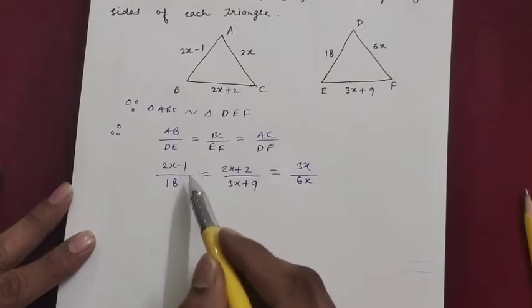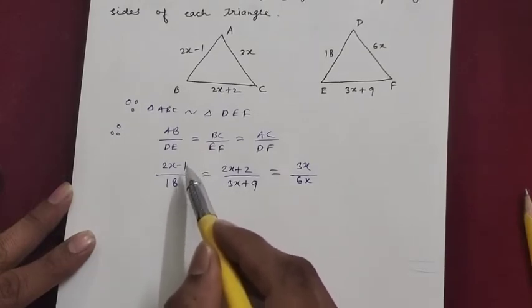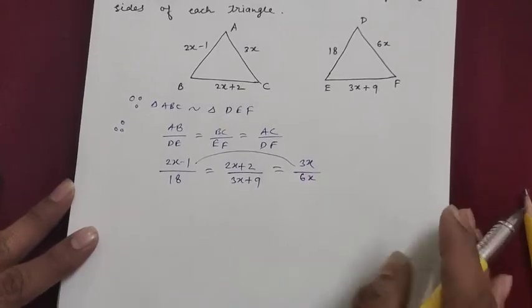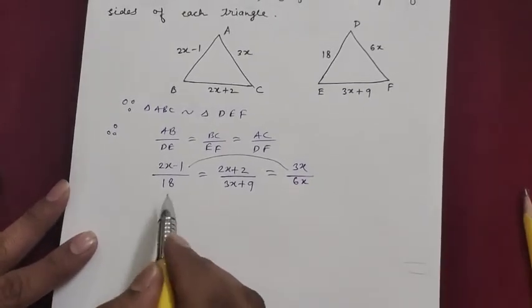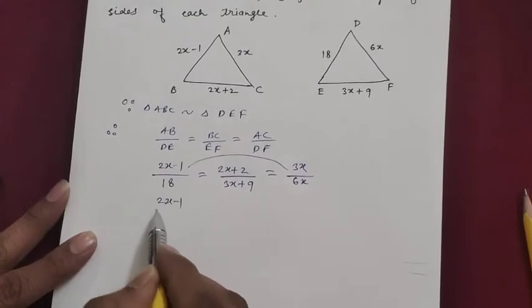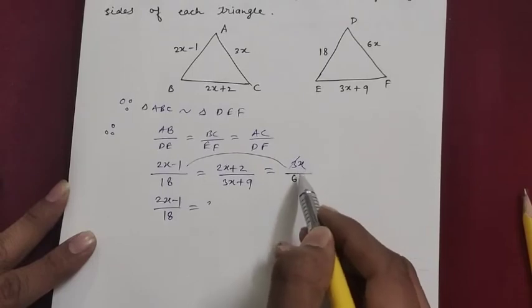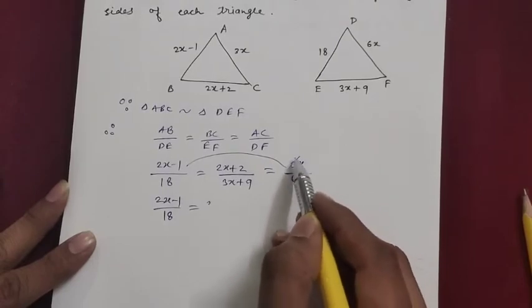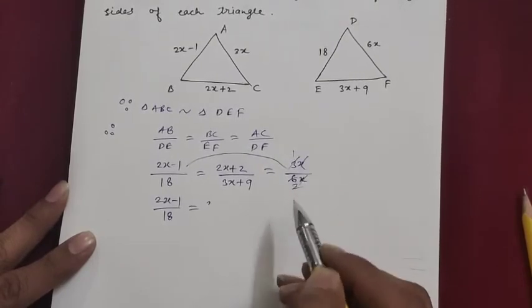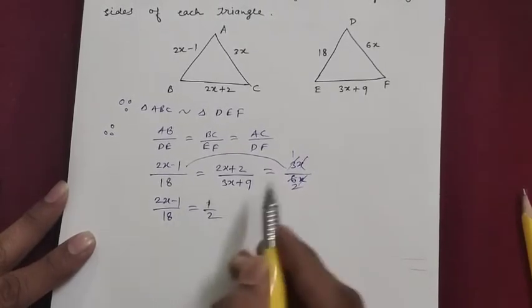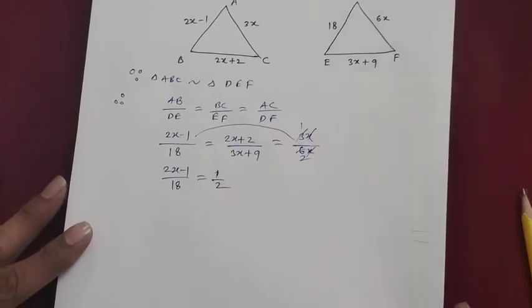So we can take this and this, right? So we can write 2x minus 1 upon 18 equals to this. We can cancel out. 3 ones are 3, 3 twos are 6, and this will cancel out. So half is only there. Now we can just solve it further.